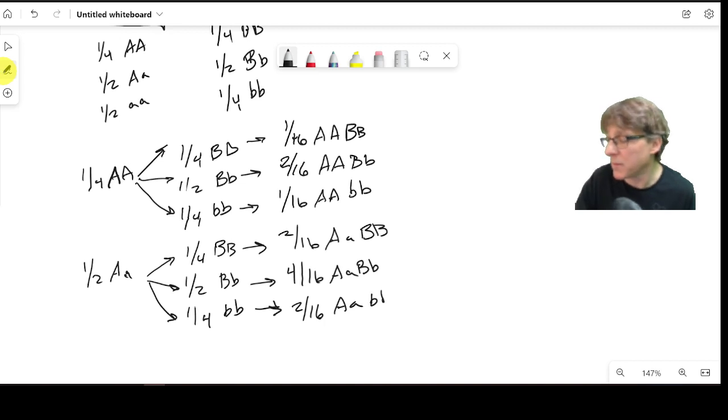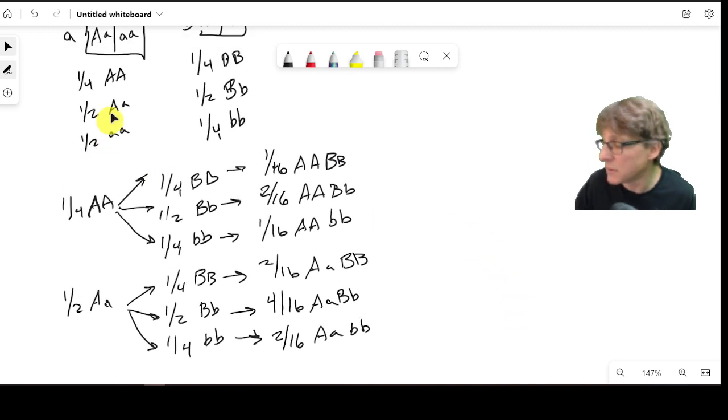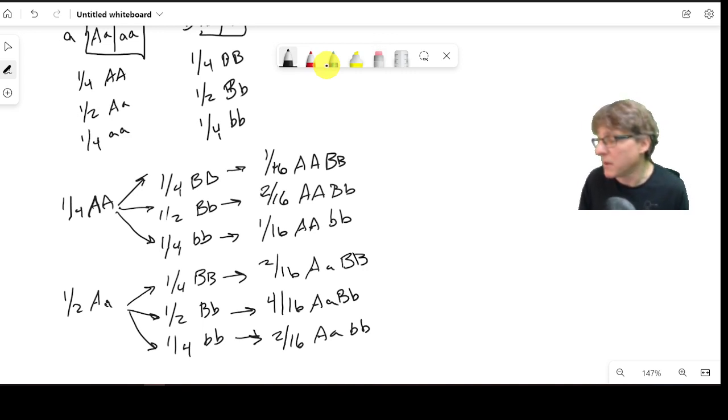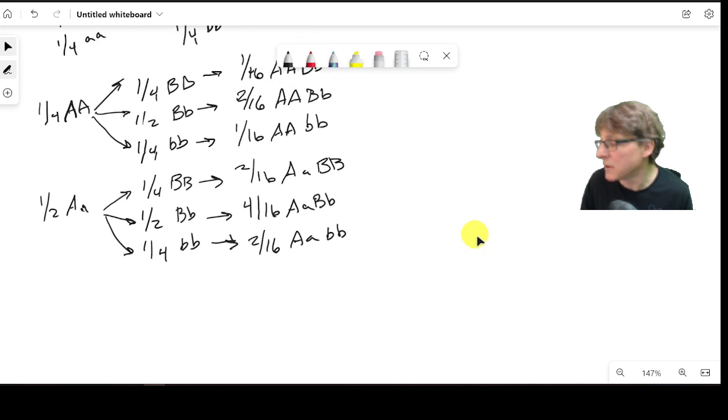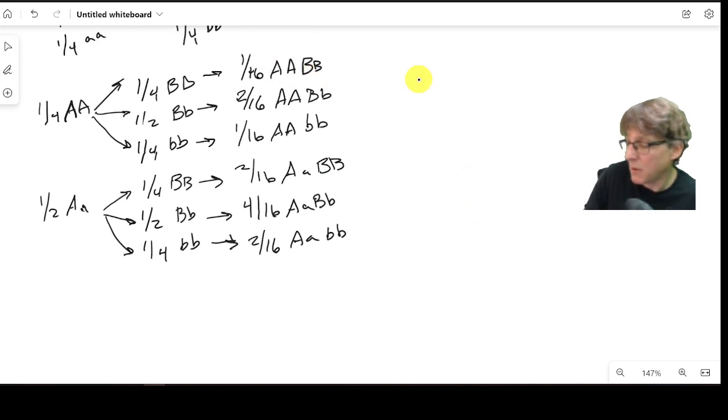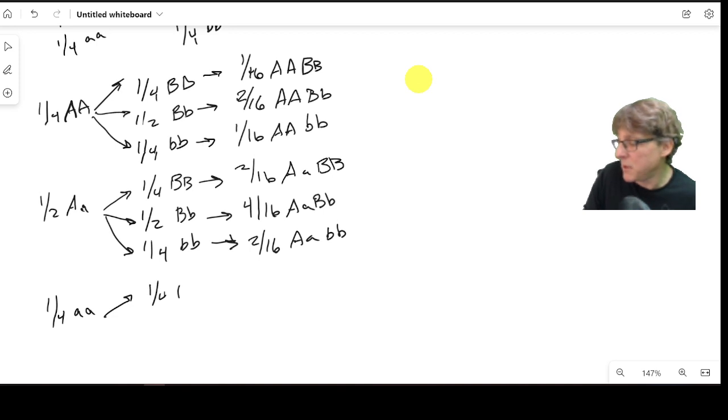Okay, and we've got one more to do. Okay, so now what we have left to do is, mistake there, it's 1/4. And now what we have to do is combine the little a with all of the possibilities for b. In that case, we're going to have 1/4 little a crossed with 1/4 big B, 1/2 big B, little b, 1/4 little b.